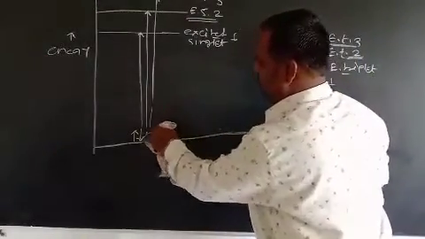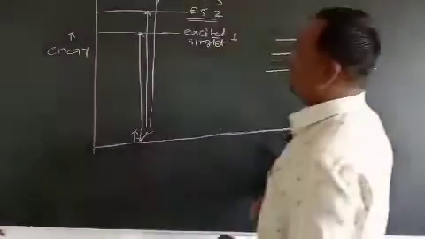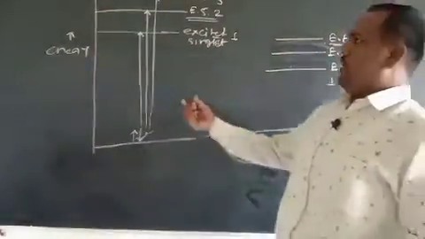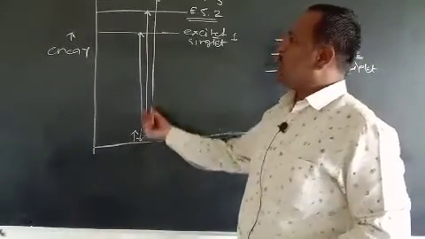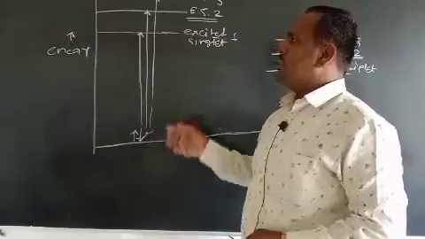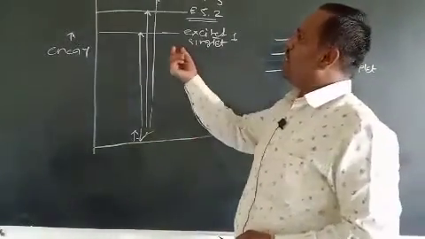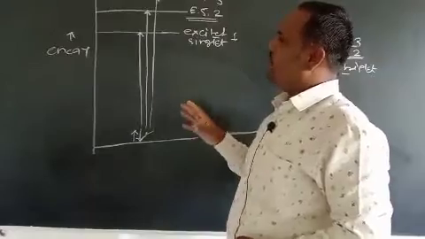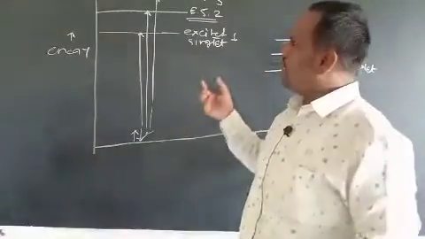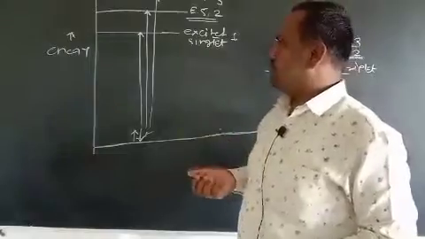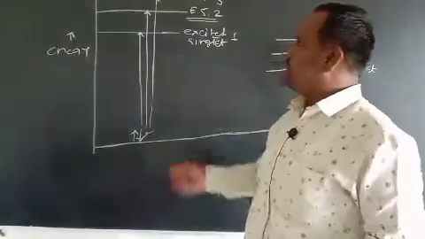And there are different phenomena. Excited singlet, excited triplet, lower in energy. If a molecule, atom or electron goes into the excited state, we know that the excited state is highly unstable, so it will try to return to the ground state.